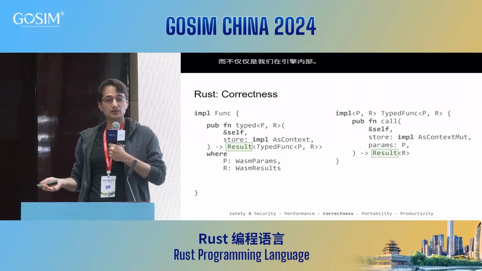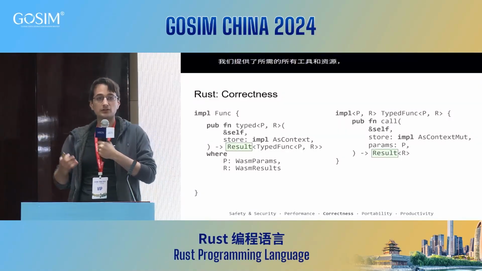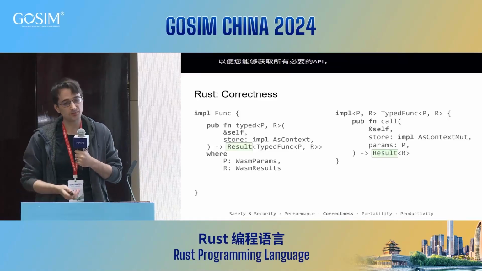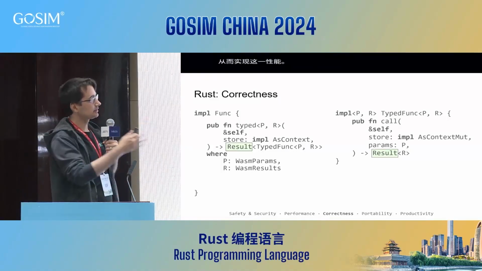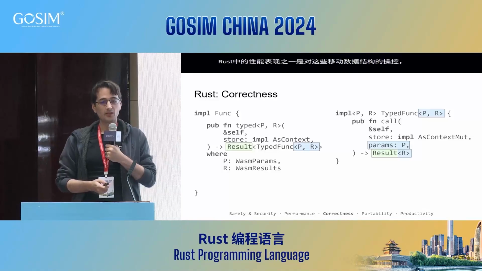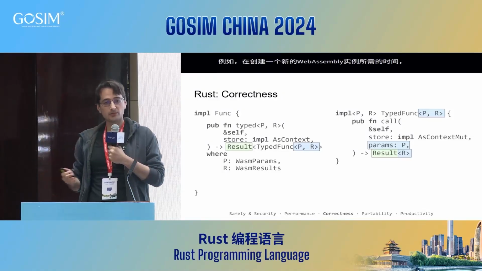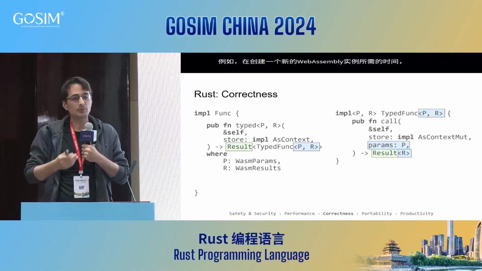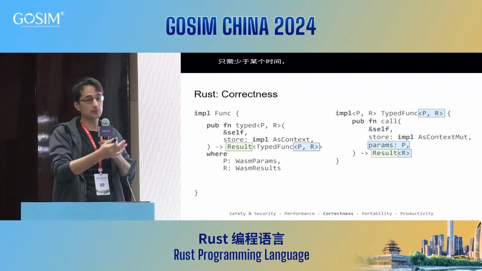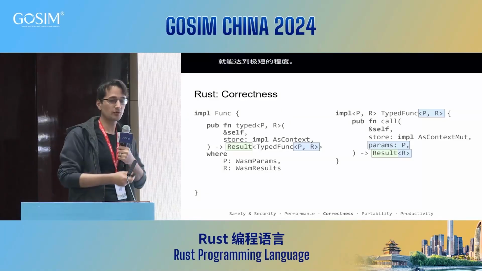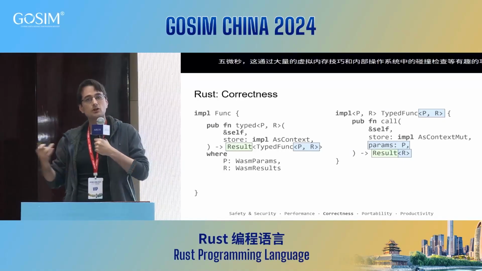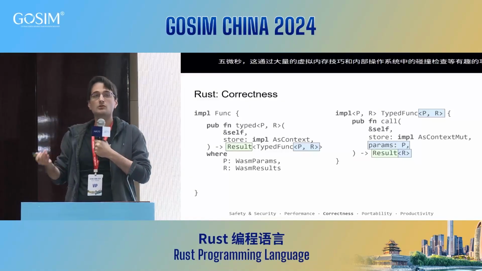On the right-hand side, this can fail, for example, with a trap for a stack overflow or memory resource exhaustion. So all of this is encapsulated statically in the API signature. Additionally, we can see these parameters threaded throughout the program and throughout these APIs, which is showing how we can use this powerful type system not just for the performance aspect, but also for this correctness aspect where it's effectively correct by construction.